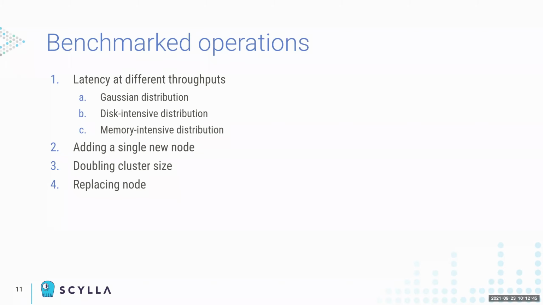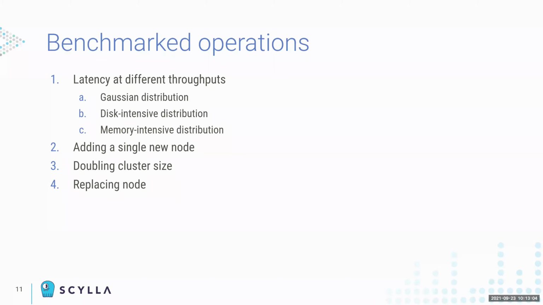Now, the second major part, that to be honest is benchmarked and talked about much less often, is the administrative operations part. We benchmarked a few types of those administrative operations.